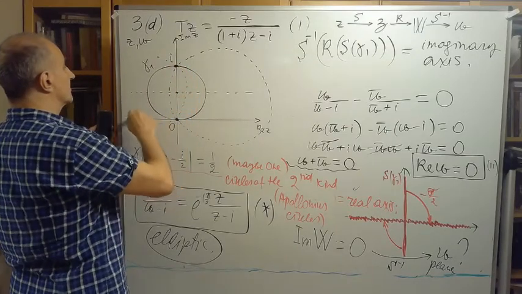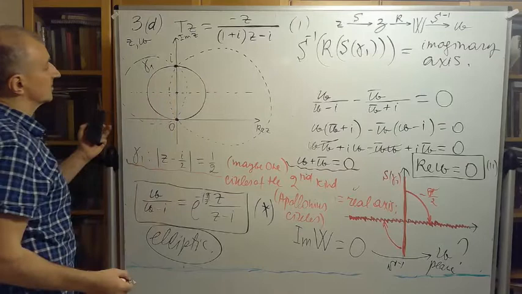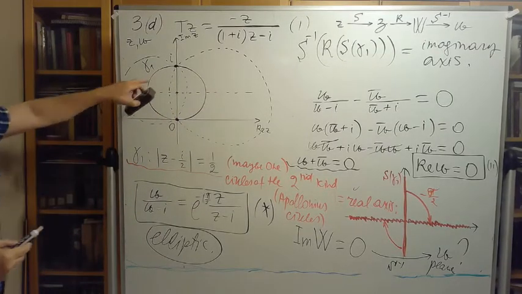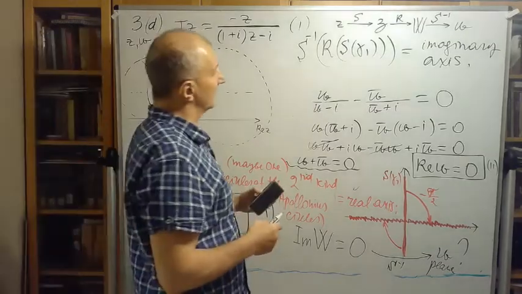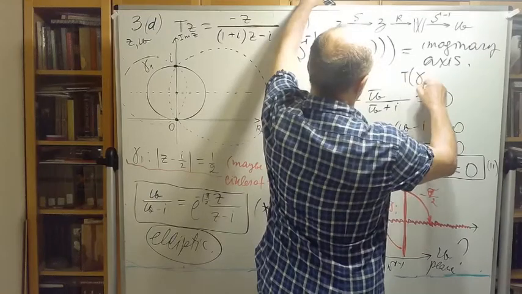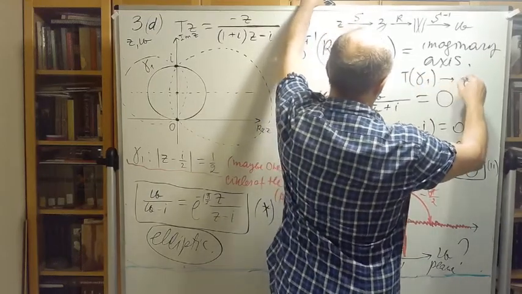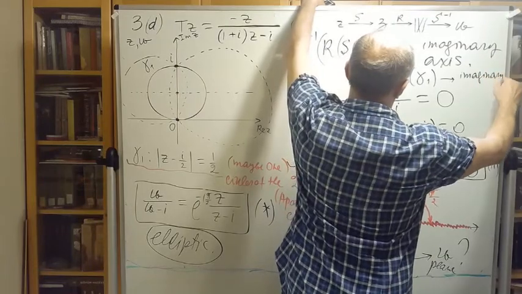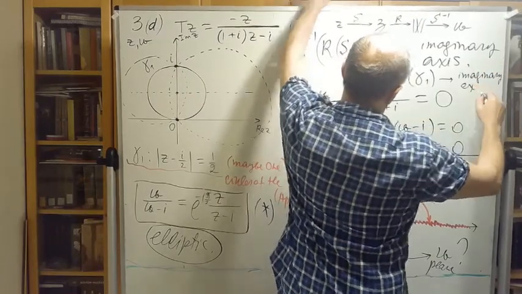This. We don't want to make this picture very messy, so we won't draw them for now. We just concentrate on this circle gamma 1. And the gamma 1, as a result of this transformation, moves into the imaginary axis. That's what we discovered.